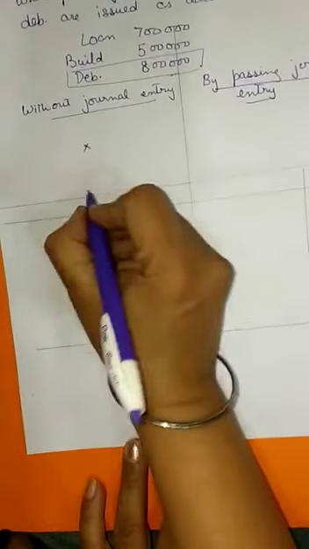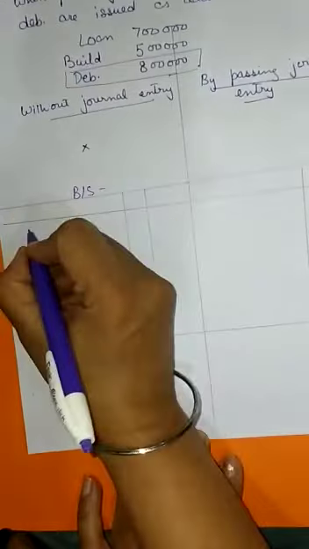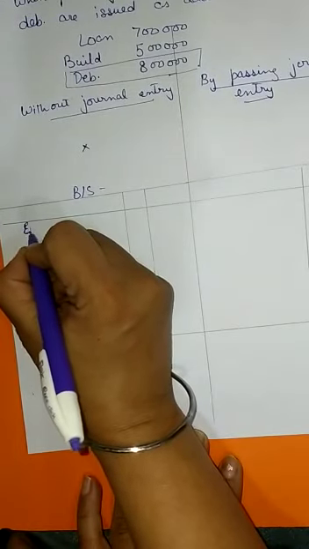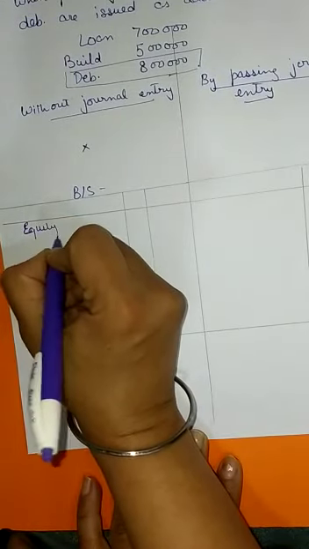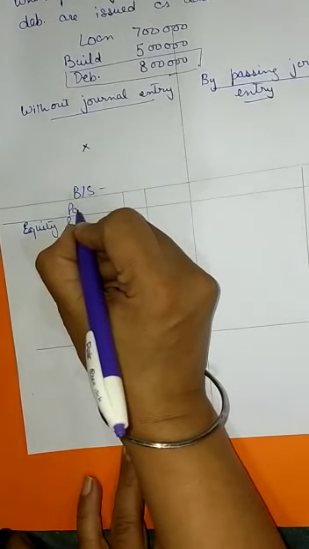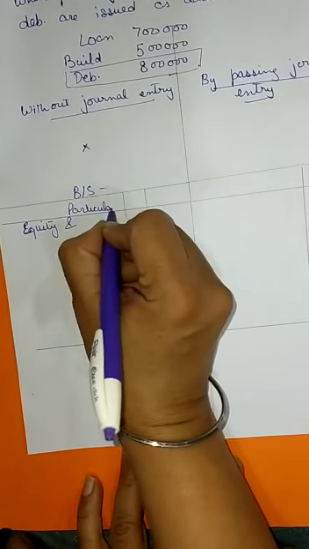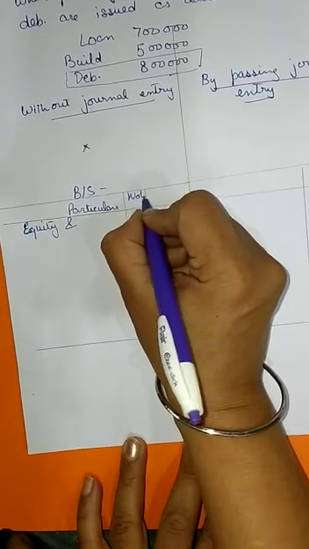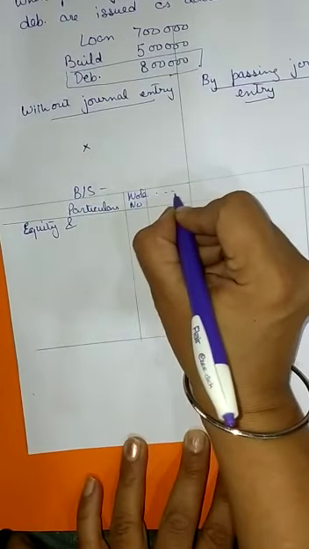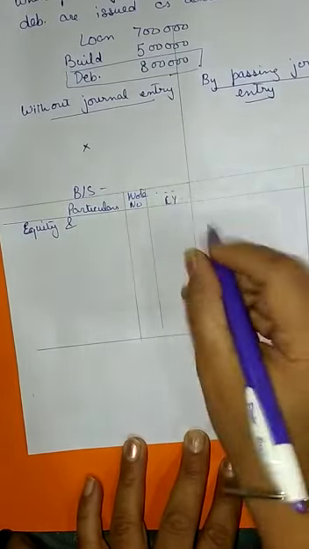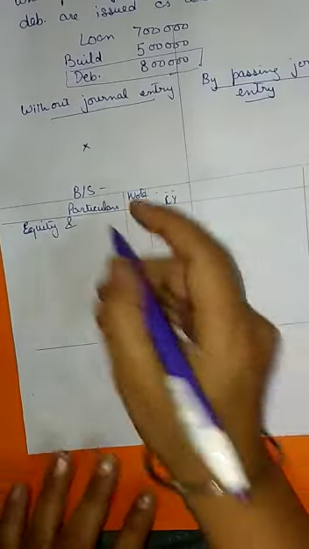So in the balance sheet, on the equity and liability side, particulars, note number and figures at the end of current year. I have not made a column for the previous year.